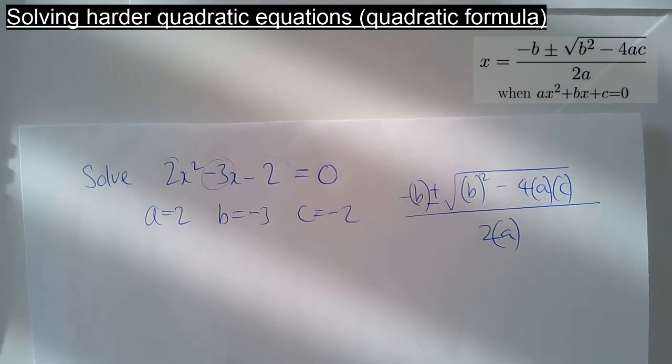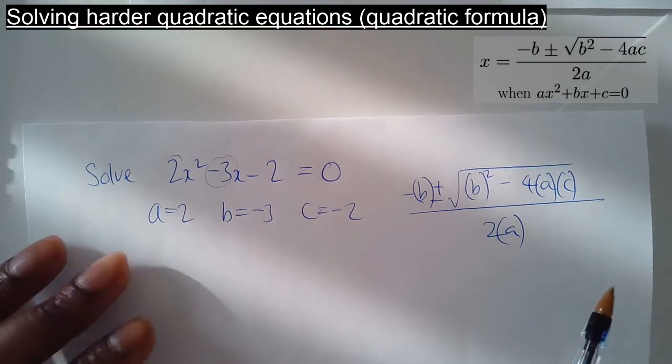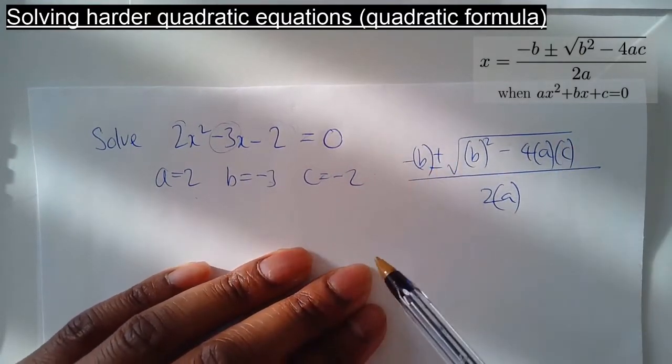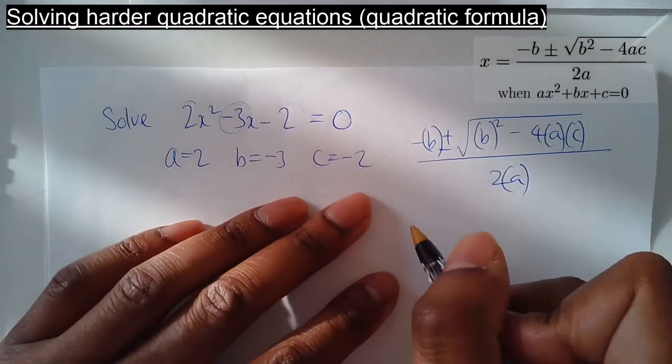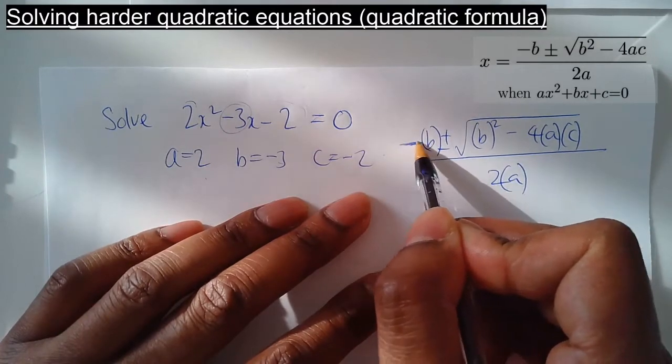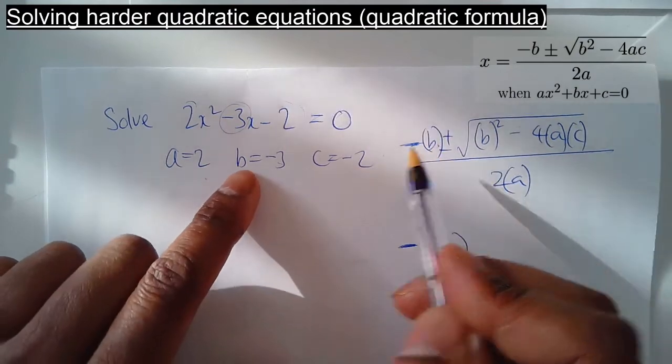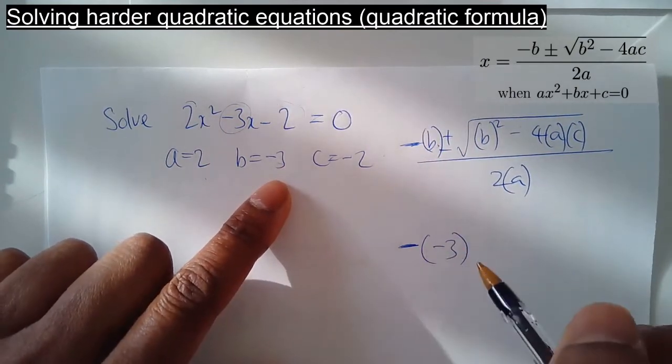It takes care of negative numbers. So we'll see that in a moment. But what I'm going to do now is substitute these values into the formula as part of my working out. So here's a minus as part of the formula. That b takes on the value of minus 3, so you put the minus 3 there.